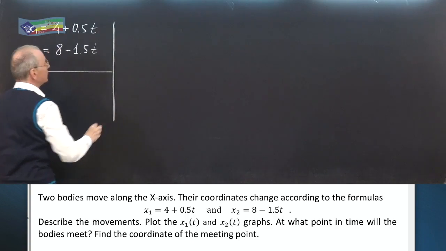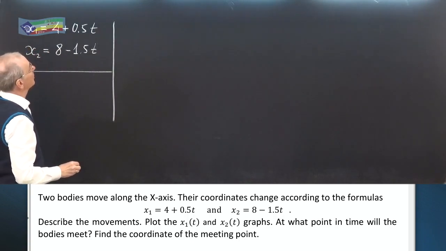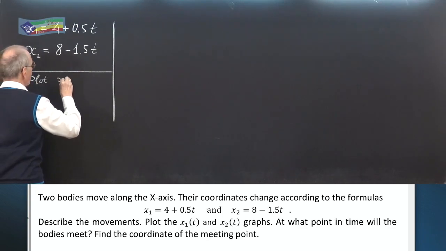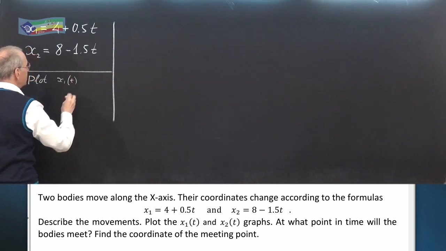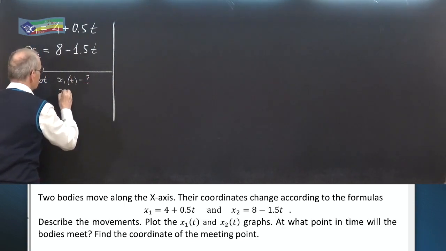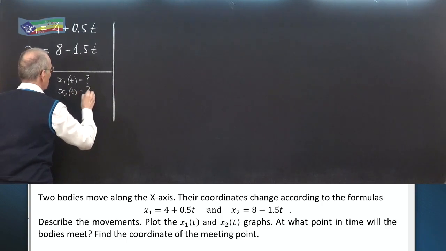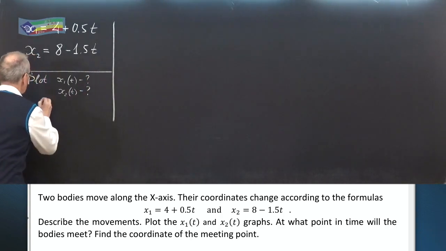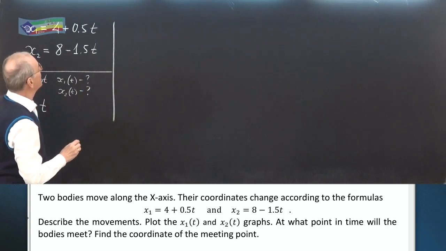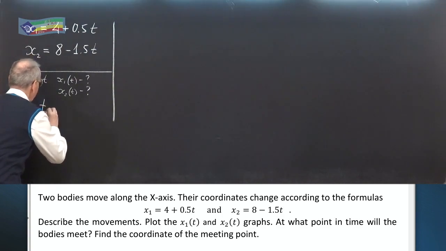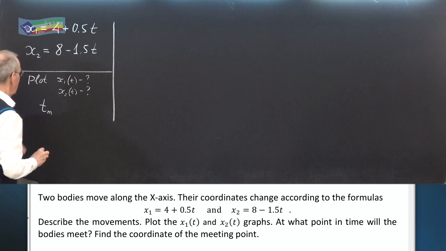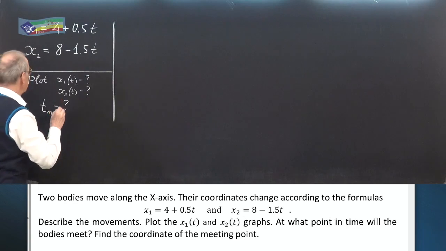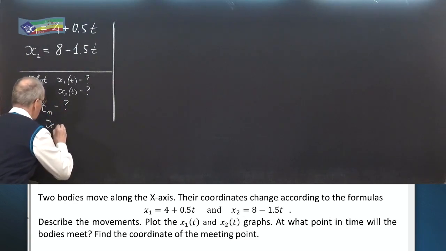We have to describe these motions and plot x1 with respect to t, x2 versus t, and find the point in time where the bodies meet, the time of meeting, Tm, and find the coordinate of the meeting point, xm.